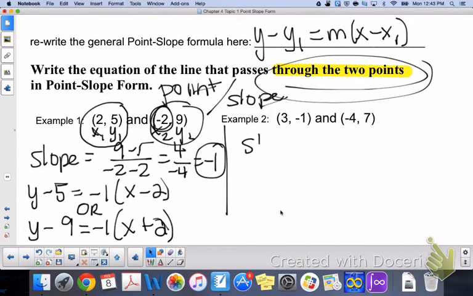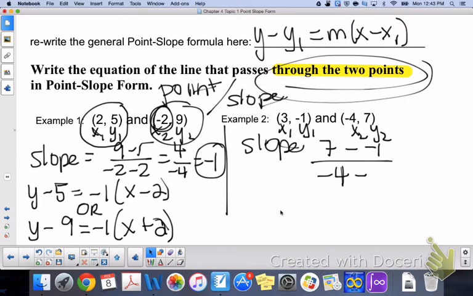The next one, our slope, x1, y1, x2, y2, y2 minus y1 over x2 minus x1. 7 minus a negative 1 becomes 7 plus 1, which is 8, over negative 7.